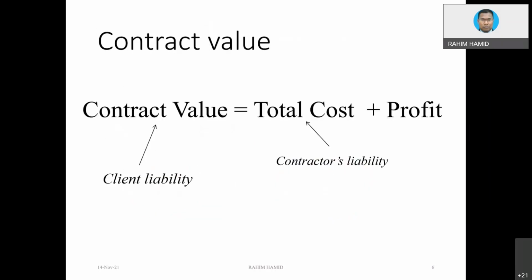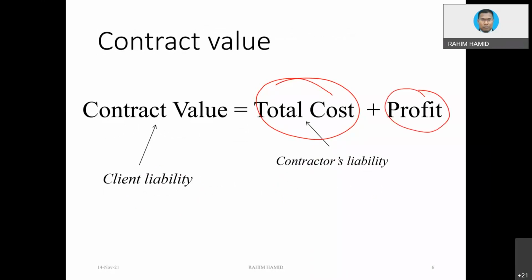So when a contractor is given any project, any job, he has to acquire all the machinery, man, and material. Then he has to manage the project. So that is what we call contractor liability. And then on top of that, we have profit.